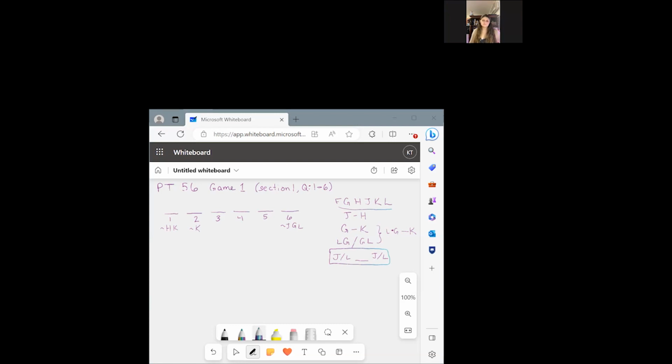And then I would look at the rule that there should be one audition separating J and L. That leaves choice C and E. And C breaks it. Good. Then that leaves choice E. Very good.